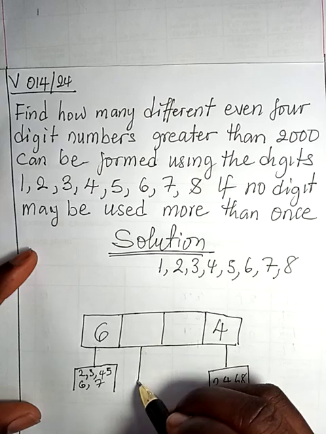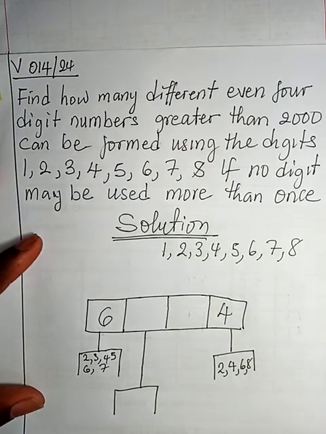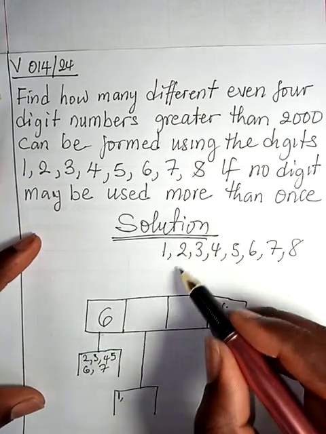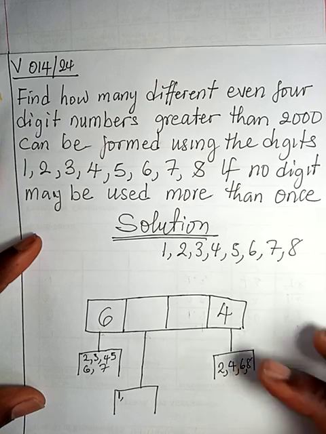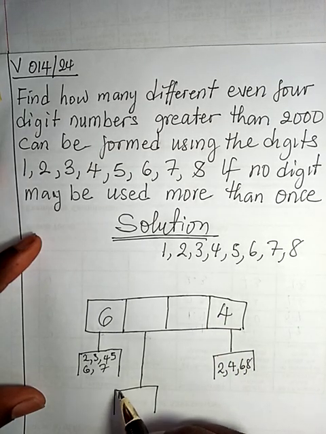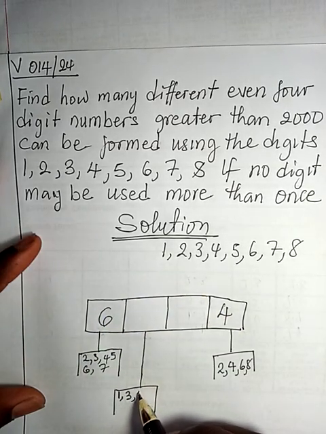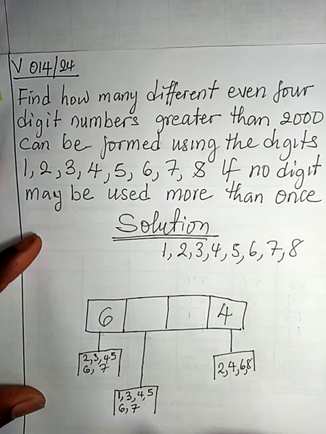Now, how many choices do we have here? Remember, 1 is back. Let's assume that 2 has been used here, and 8 has been used here. So the numbers we can use here now are 1, 3, 4, 5, 6, 7.